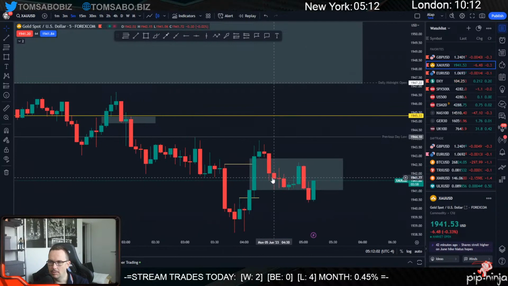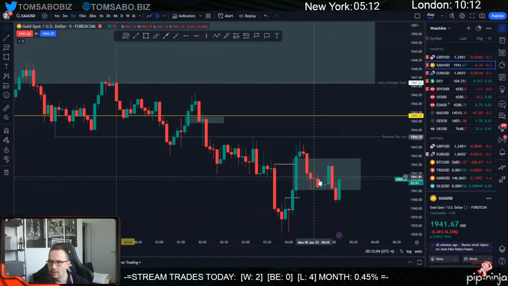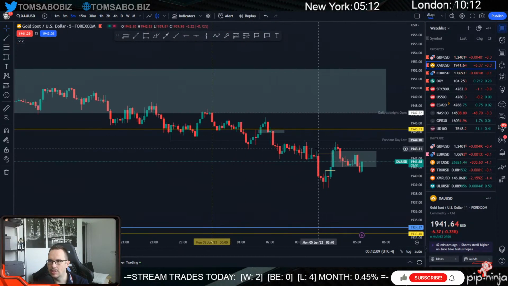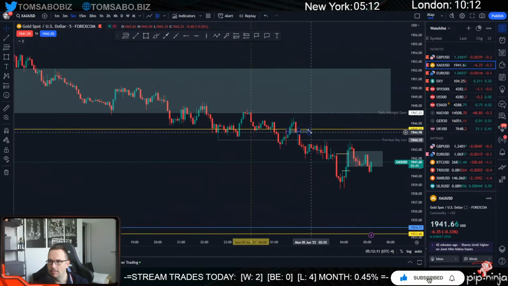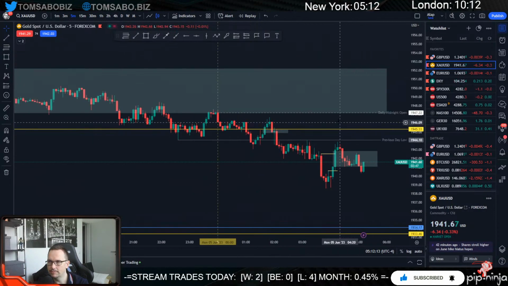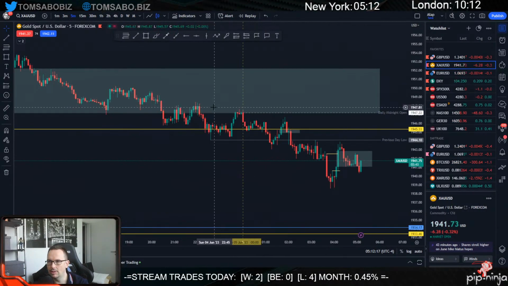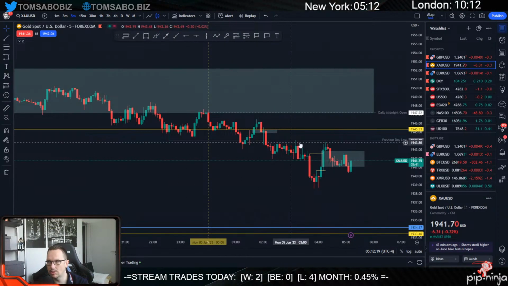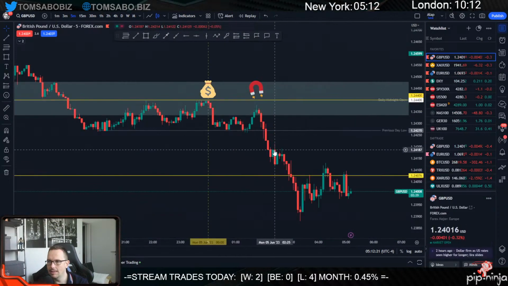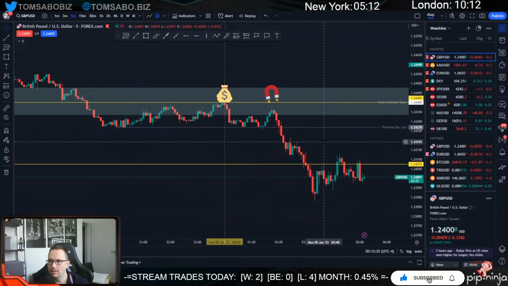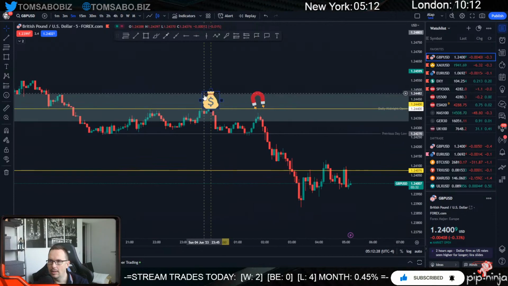Anyway, I took my long position here on gold in the hopes that it will take out some buy side up on these levels, especially because it has so many lower highs that I thought it would do that. Same goes for the pound. This is the 5-minute pound dollar.